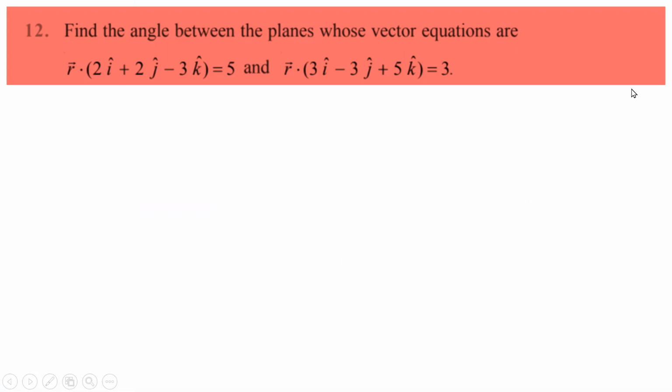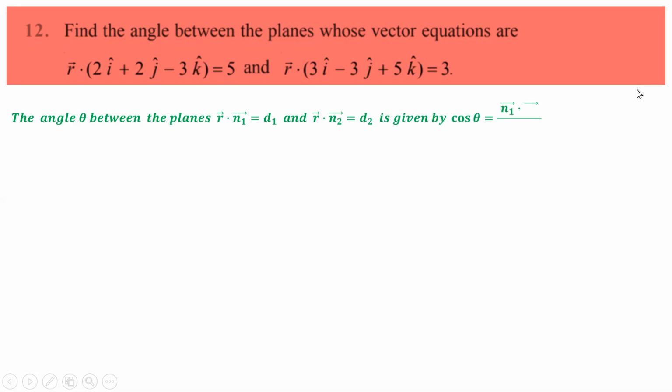From here you can easily find the value of cos theta, and theta equals cos inverse of that value, and this is the angle theta. The formula is vector n1 dot product with vector n2 divided by the multiplication of their mod values.